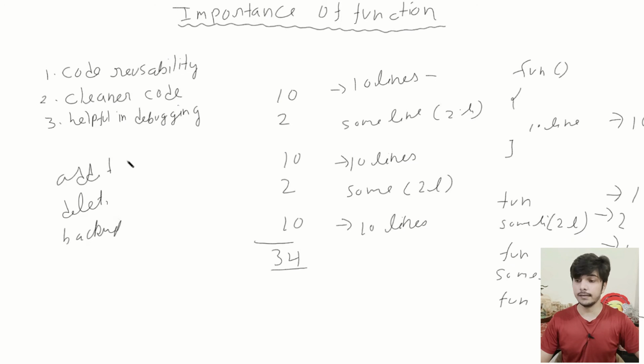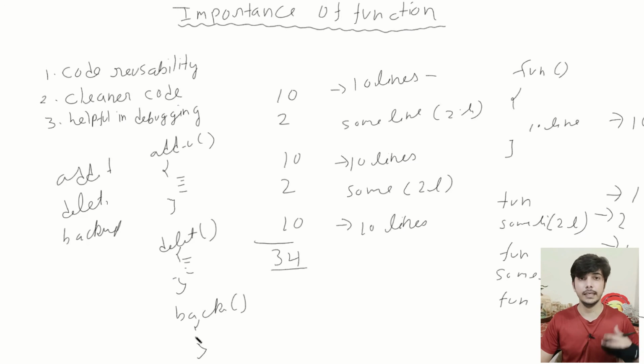In this case, instead of writing all this code line by line, it will be a good practice to write one function for the addition of the user, and whatever code we want to write for it we can define here. Another function we can create for delete user, and then whatever code we want to write we can define there, and similarly for the backup. So in this case our code readability increases, and it also gives us cleaner code.